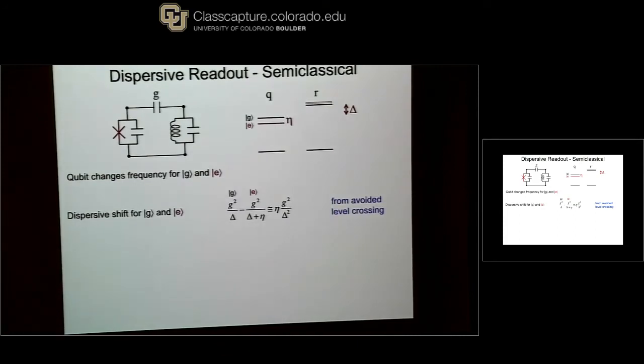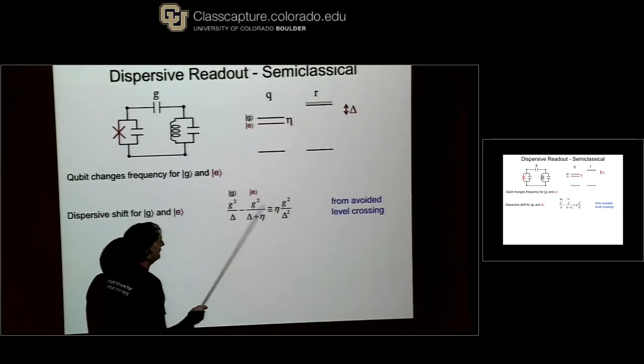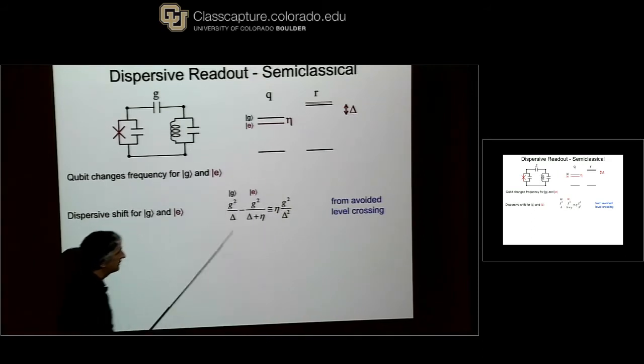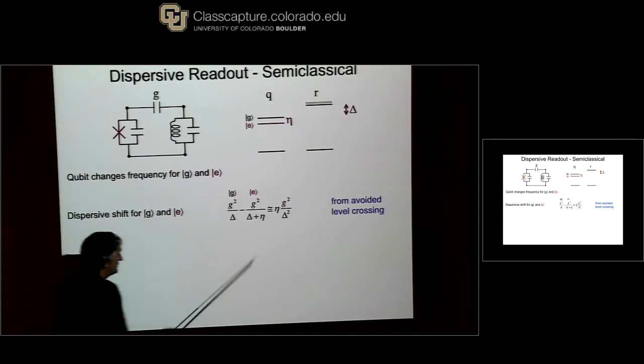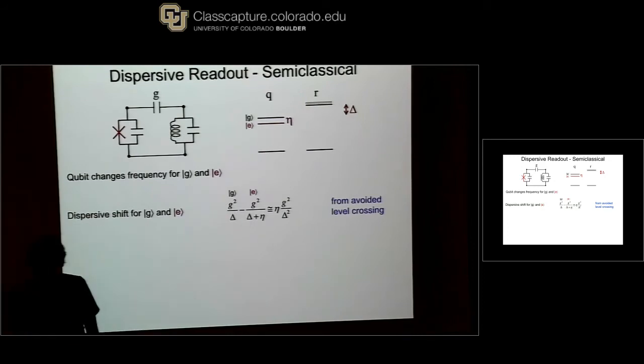So if you want to know the frequency shift of the resonator between these two states, you just do the simple math here, and that's basically proportional to the nonlinearity times G squared over delta squared. Okay? And that's the signal you're looking for. The resonator frequency will change by this amount whether it's in the ground state or the excited state. And that's what we're going to measure.